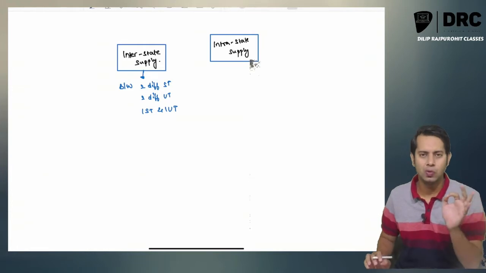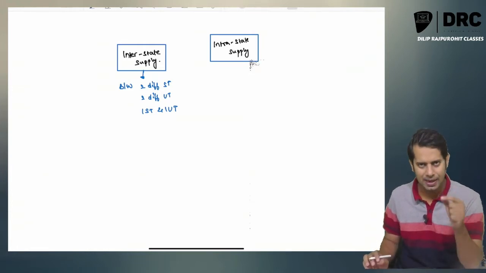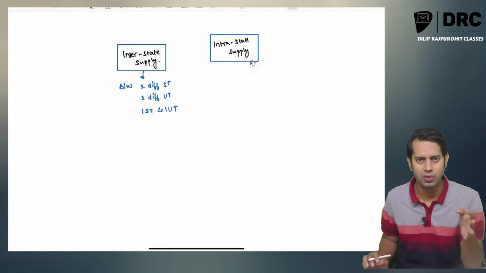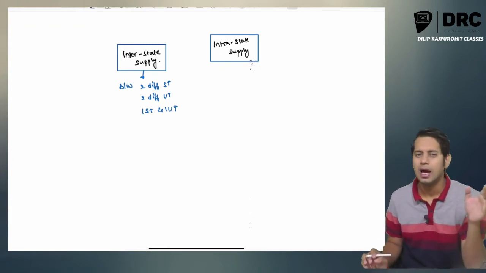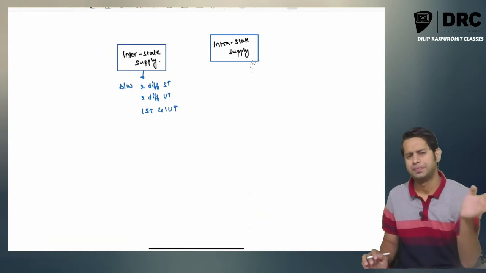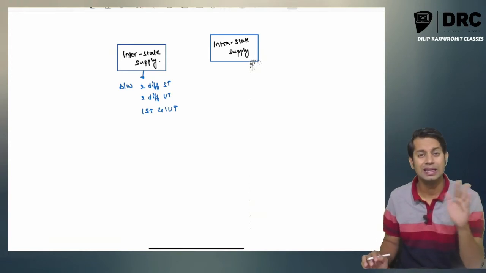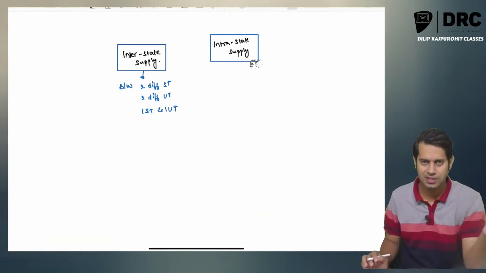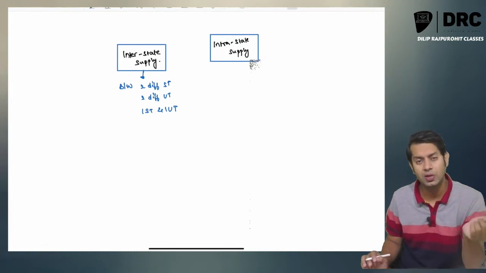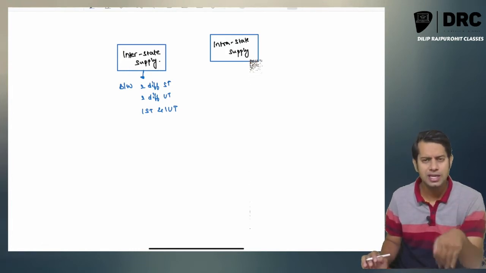Meaning, if any goods or services are supplied from Karnataka to Tamil Nadu, it is interstate supply. If it is supplied from, say, Andaman Nicobar to Diu Daman, it is interstate supply, from one union territory to another union territory.